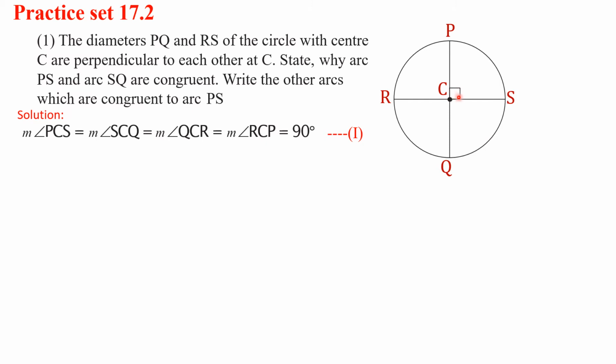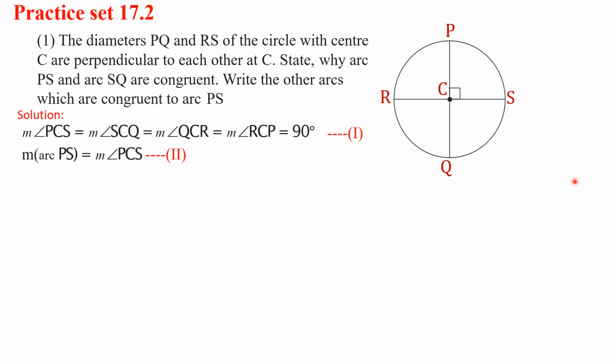Now, the relation between the central angle and its corresponding arc. Arc PS is equal to angle PCS. So write down arc PS is equal to angle PCS. This is statement number 2.